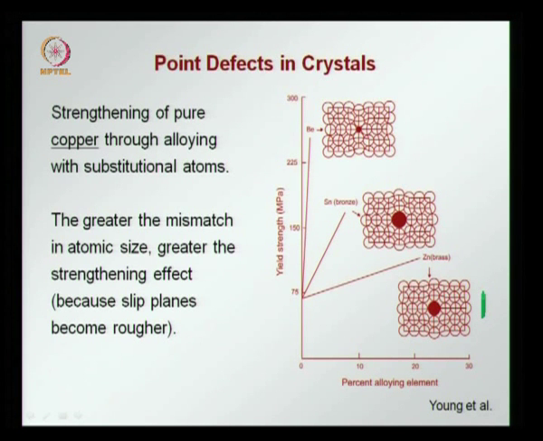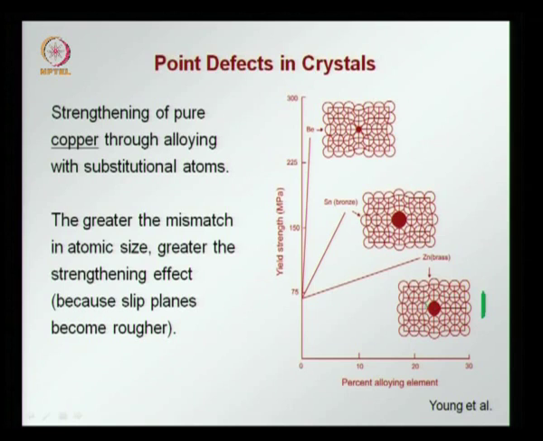Now when you have a local distortion like you have here, you find that there is a bump created here. So as this plane and this plane slip over each other, there will be a bump, so a little bit more force is needed to create this movement compared to when this was not there.